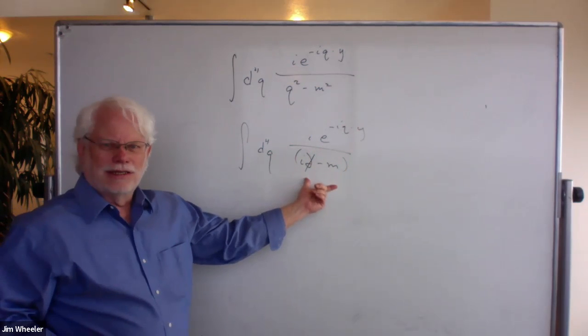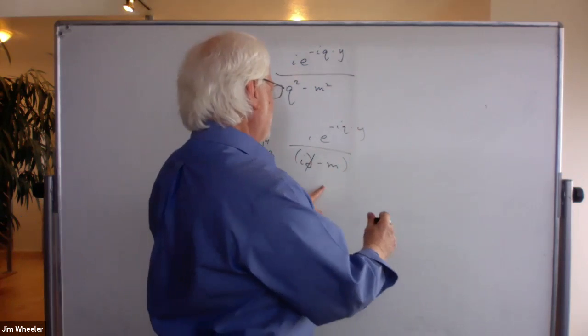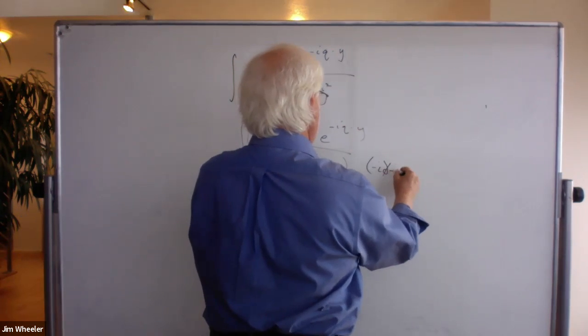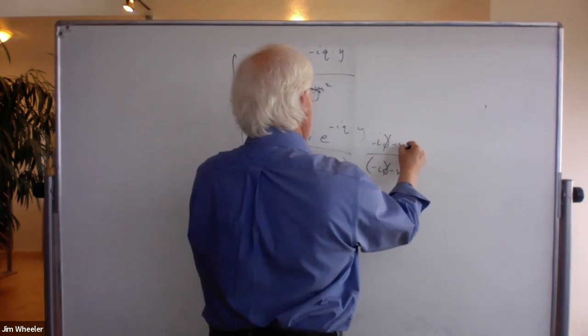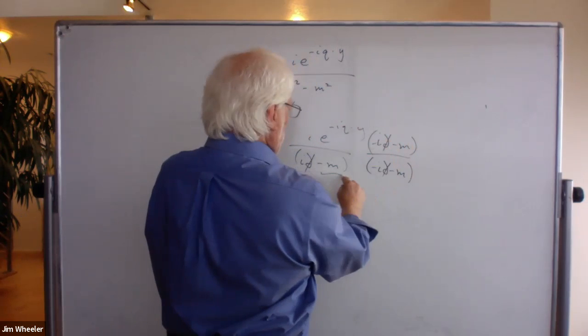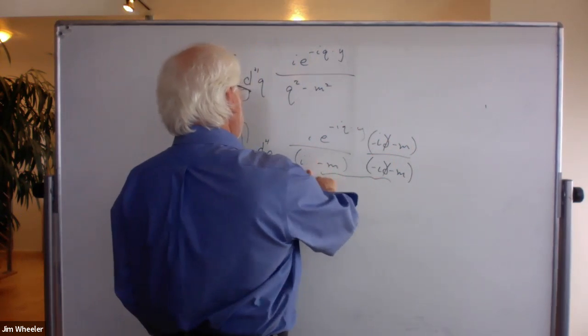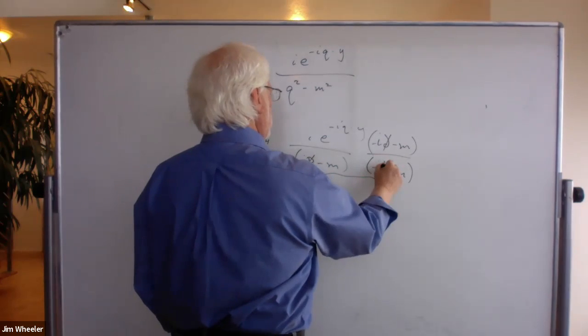what you do is you multiply by the conjugate here and here. And when you square this, you just get, or I'm sorry, this would be p-slash.